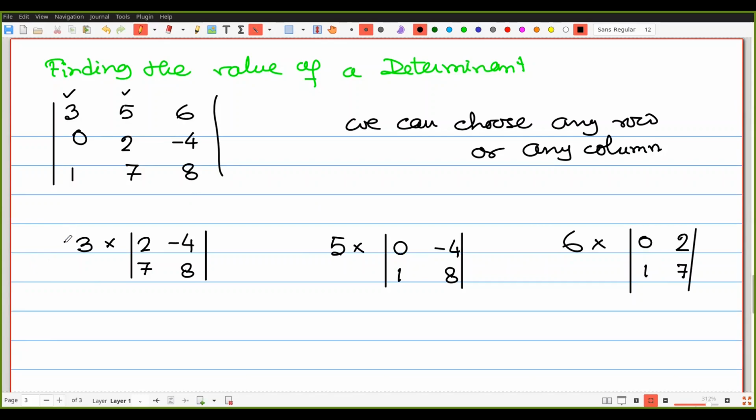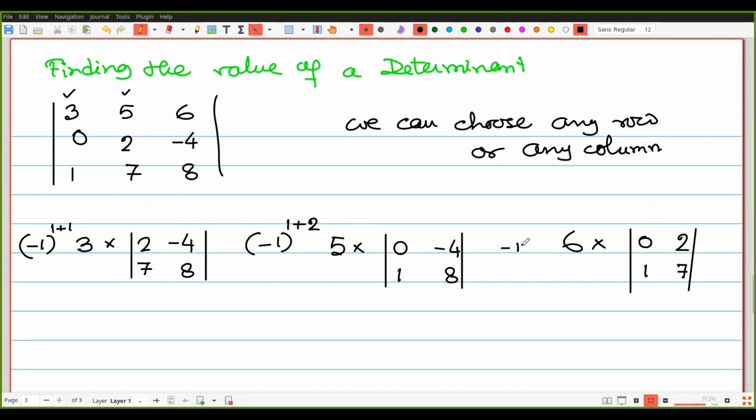Then use the cofactor values. That means for 3, minus 1 whole to the power its row position plus its column position. For 5, minus 1 whole to the power its row position plus its column position.